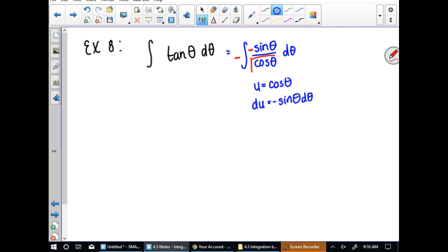So this cosine right here in the bottom, that's our u. This negative sine theta d theta right here, that's our du. So we end up with negative integral of du over u. What do we get when we integrate du over u?